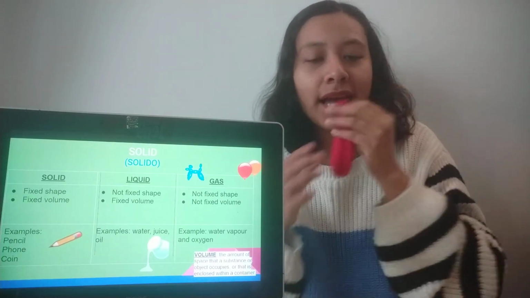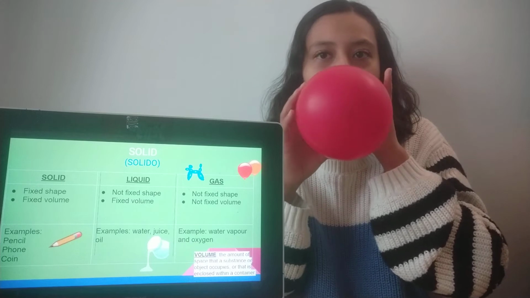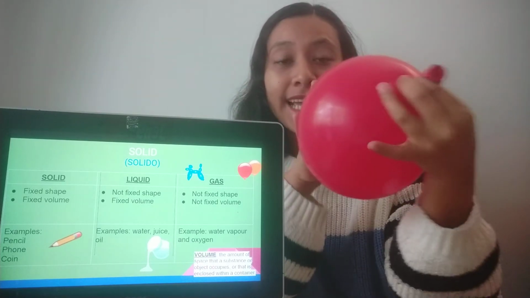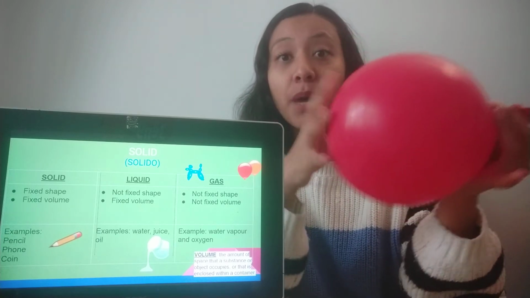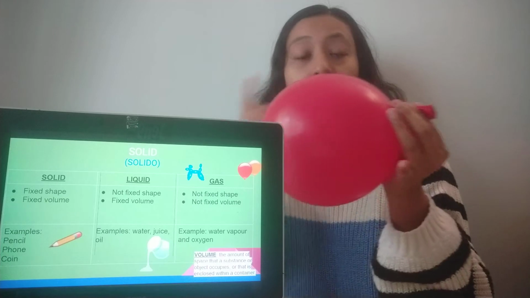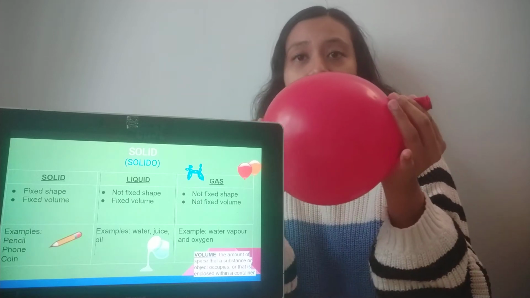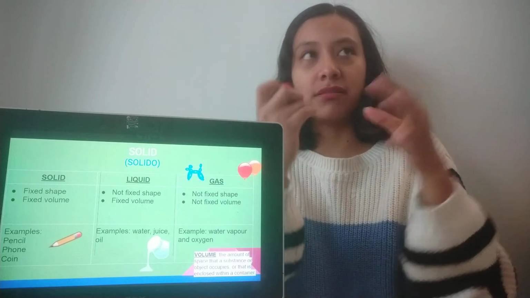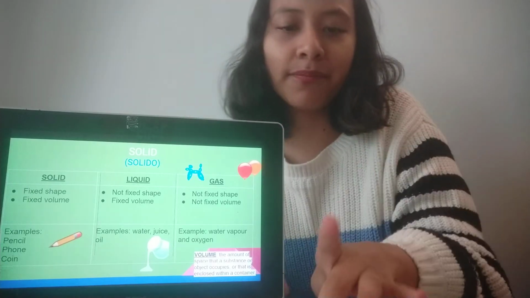But if I put gas, it changes. Now it has volume because it has the gas inside, and the shape also changed into a circle. See, if I take out the gas, we cannot see the gas, but it's still there. The shape changes and the volume is gone. Now it's in the air, all right?